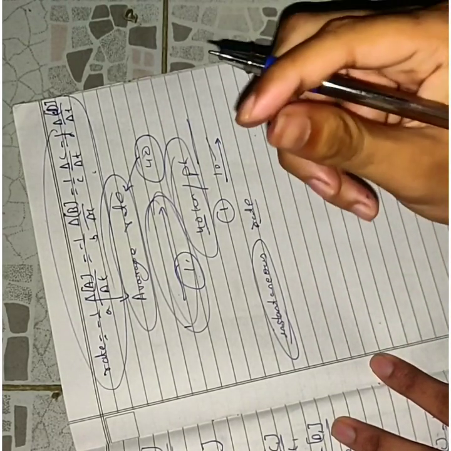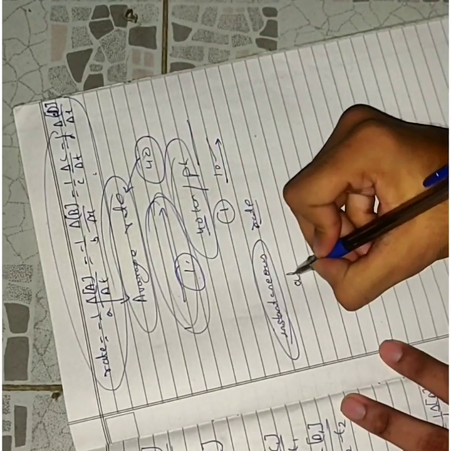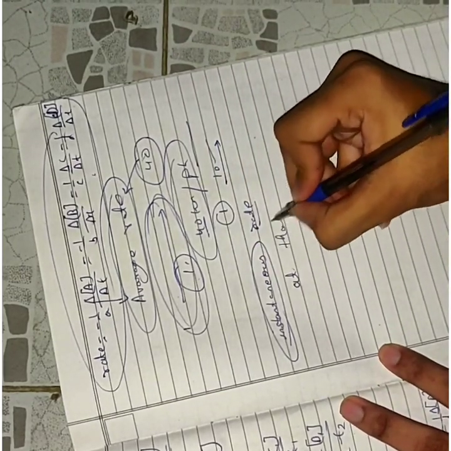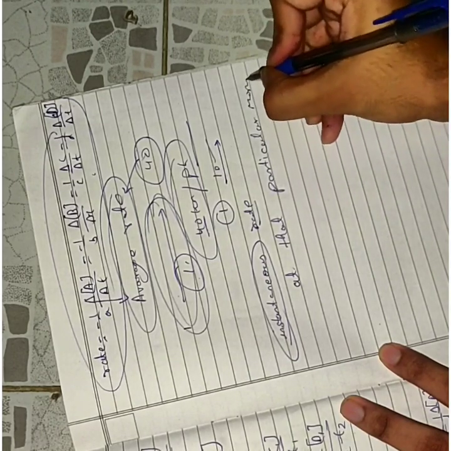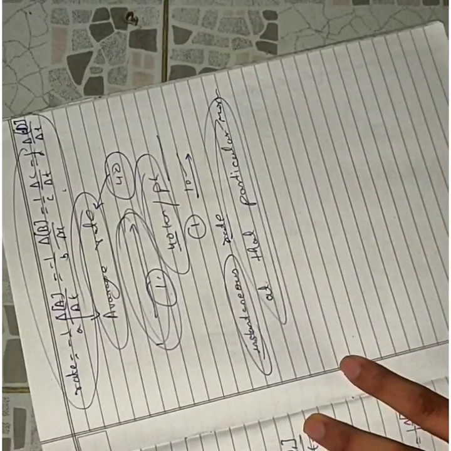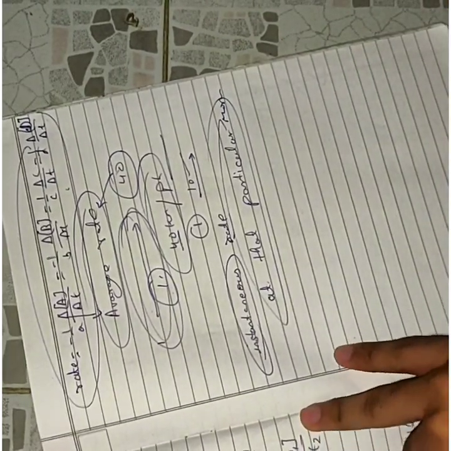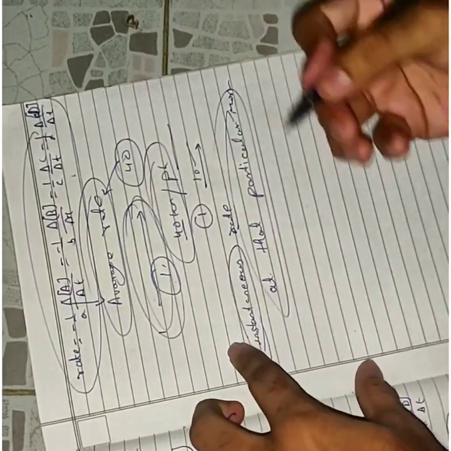It just means that we are taking a smaller time interval, or to be more specific, that at that particular moment. So that means the rate at that particular time, like for example at the 140th second or at the 12th second, what is the rate? Okay, I just want to know.